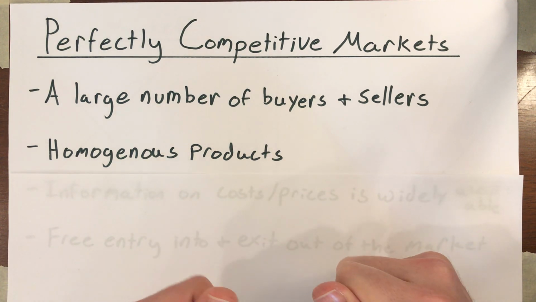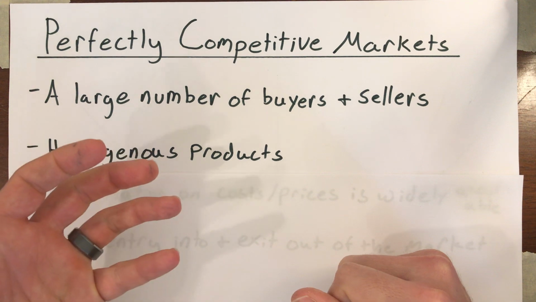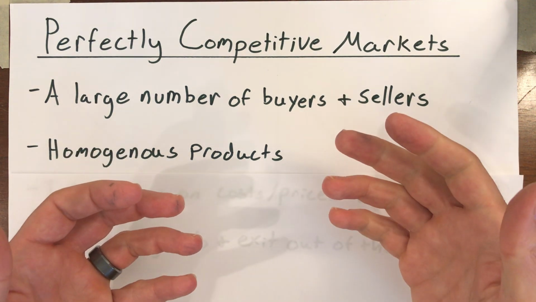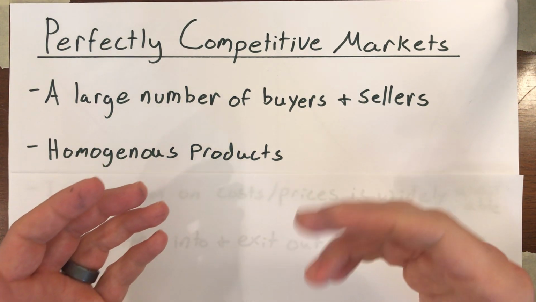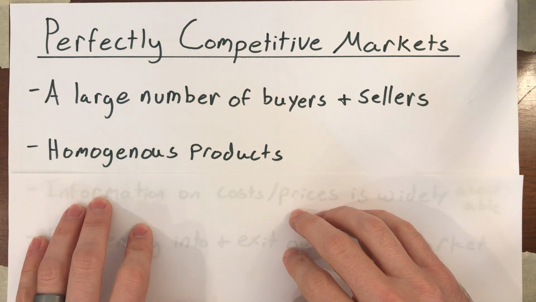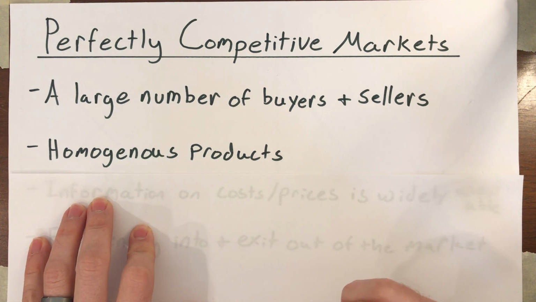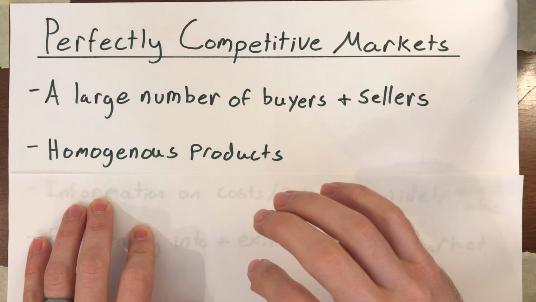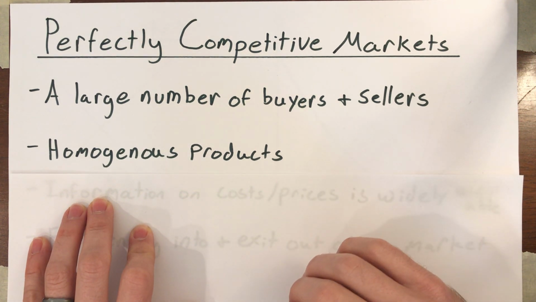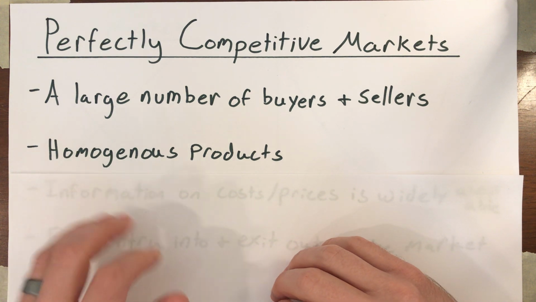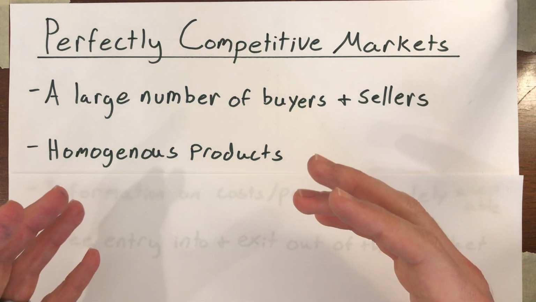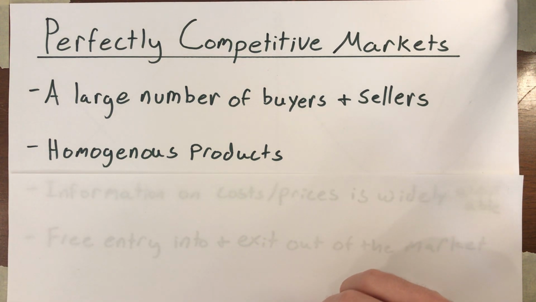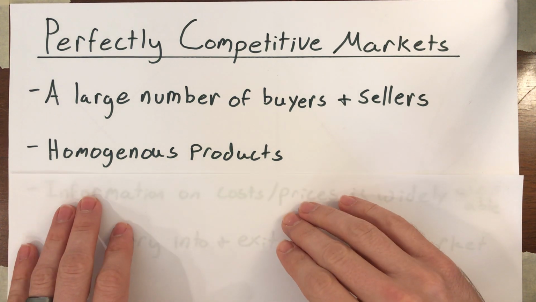So this isn't Dell laptops versus Apple laptops. Okay, it's not Nikes versus Adidas. Homogeneous products are products where you cannot tell the difference between what one seller is selling you and what another seller is selling you. So this could be things like bushels of wheat or barrels of oil or tons of steel. Okay, so the products are homogeneous.